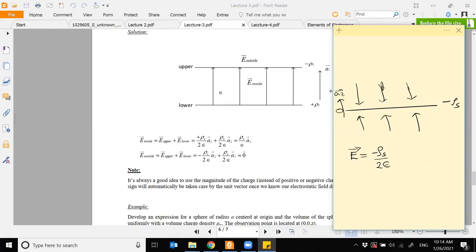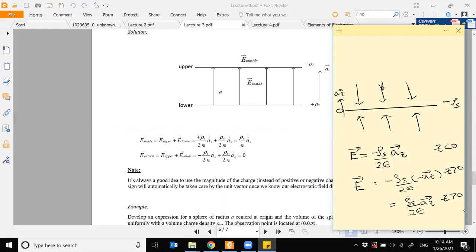If I assume this is 0, then for z less than 0, it is minus rho s over 2 epsilon times az, correct? Because it is in the same direction. And E bar for this side is minus rho s over 2 epsilon times minus az, for z greater than 0. So this is coming as rho s over 2 epsilon times az for z greater than 0.